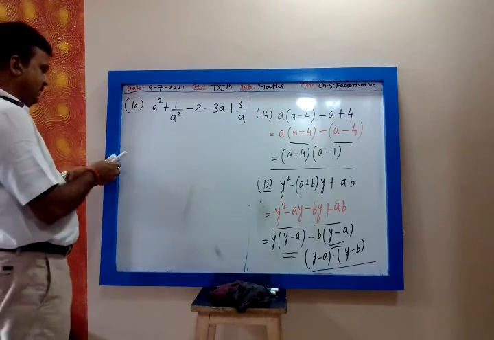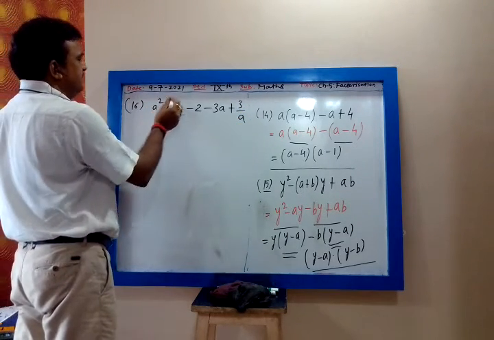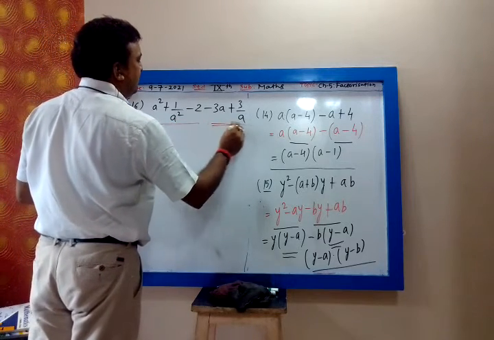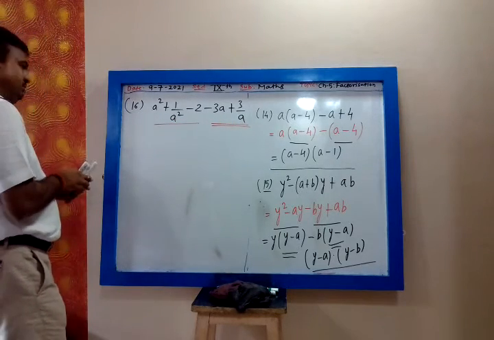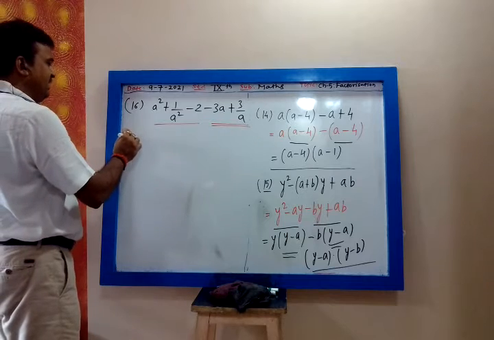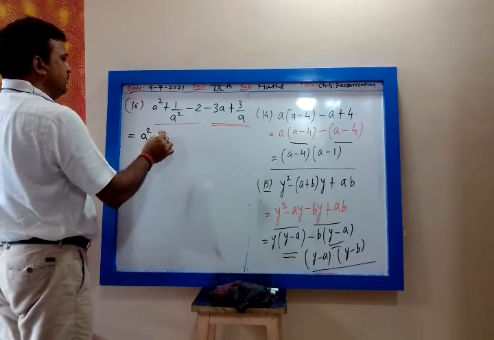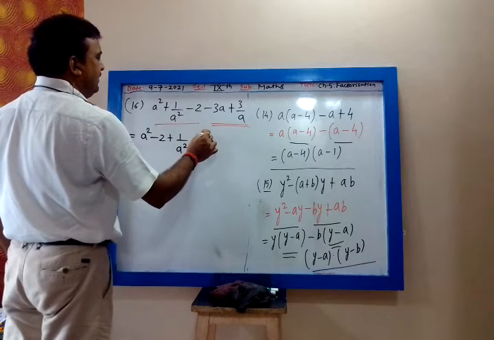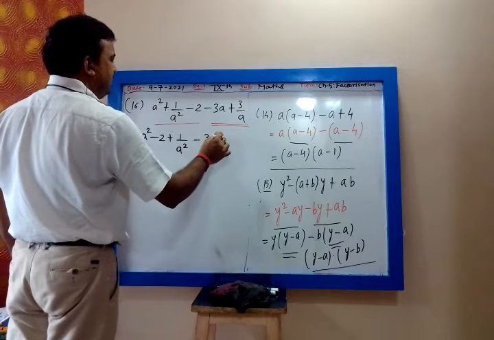So this we know the formula for a square plus 1 upon a square minus 2. These three I can take together. So this I will rewrite: a square minus 2 plus 1 upon a square, and minus 3 I will take common, then it is a minus 1 upon a.